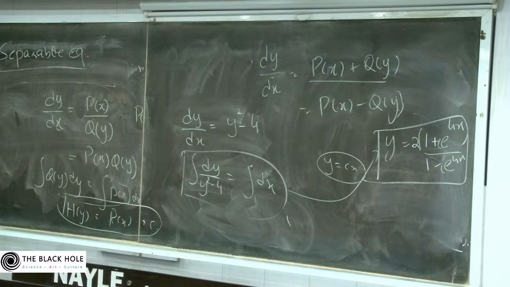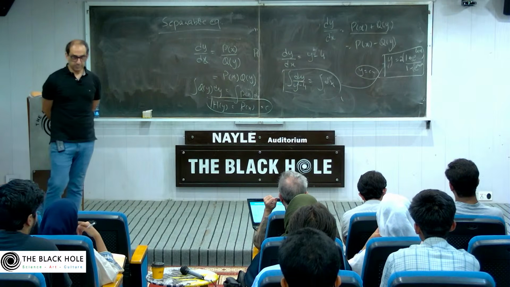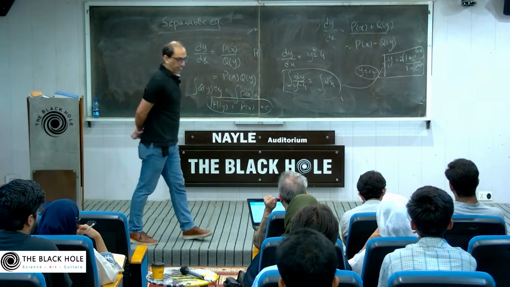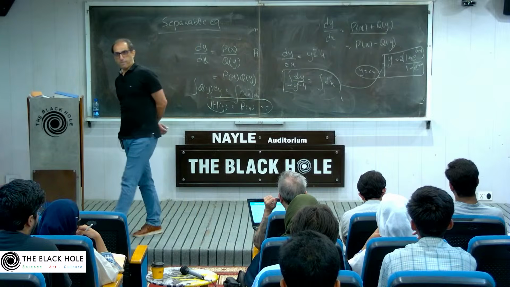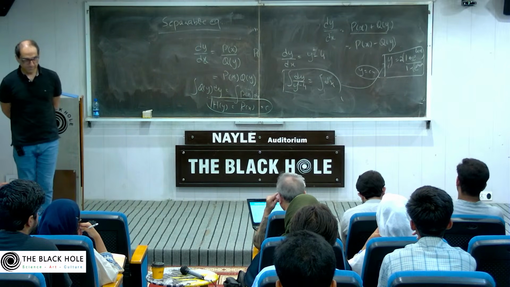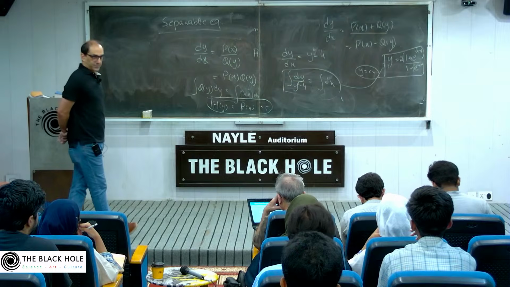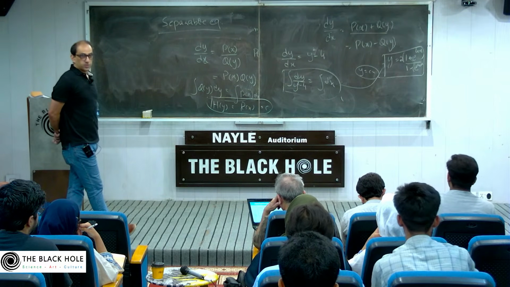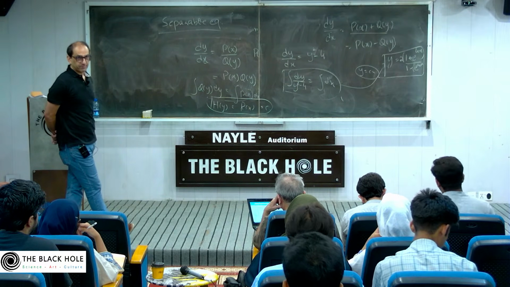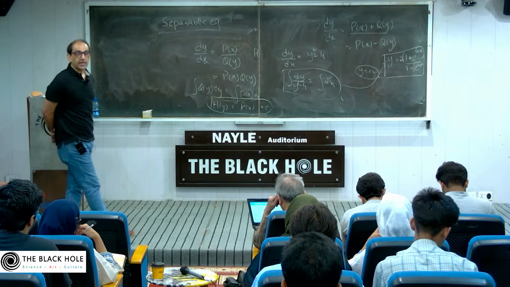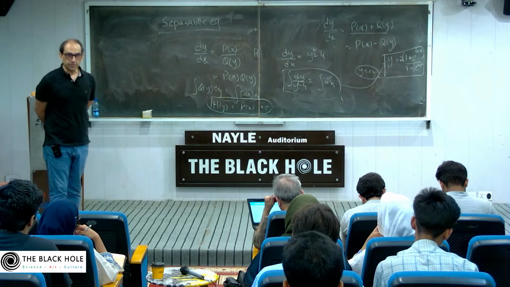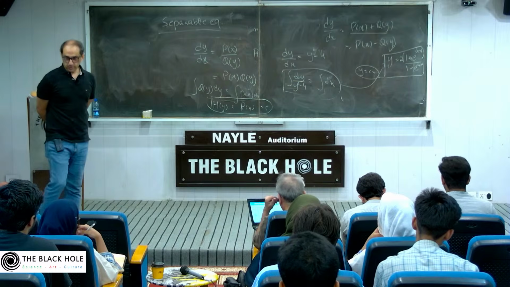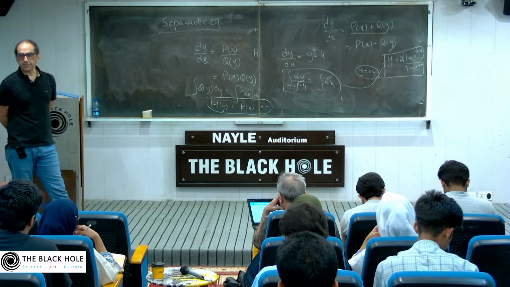Excellent. Now tell me for which particular choice of C you will get minus 2. You simply can't get it. And that is where the nonlinear differential equation shows its color.